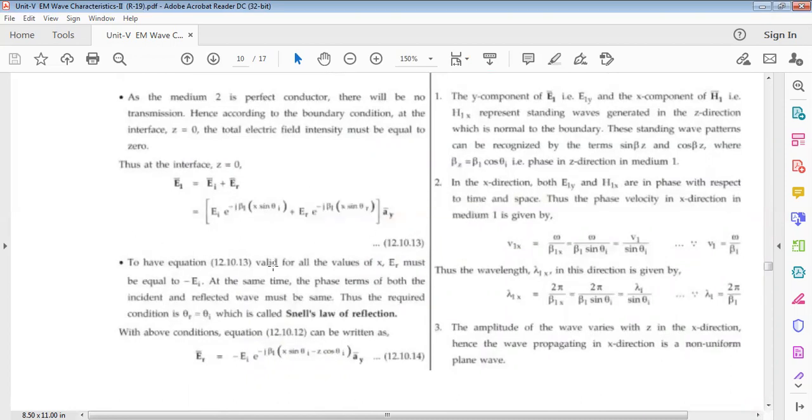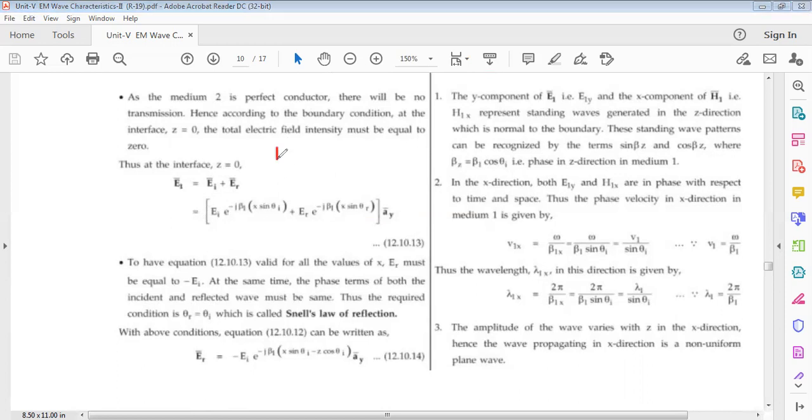In this equation, for all the values of x, E_R must be equal to minus E_I, because E_I and E_R are in opposite directions. At the same time, the phase terms of both the incident and the reflected wave must be the same. Let us see here what they are saying.